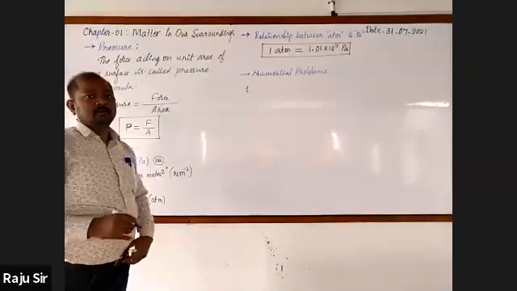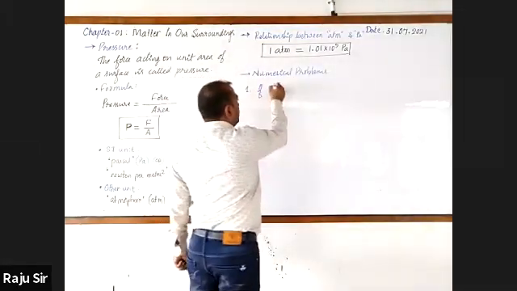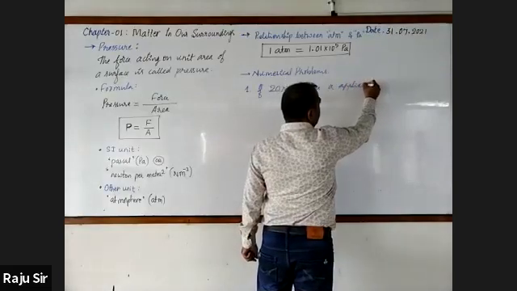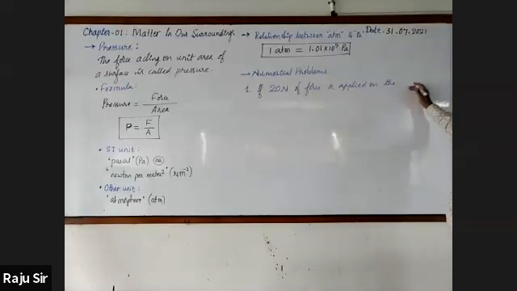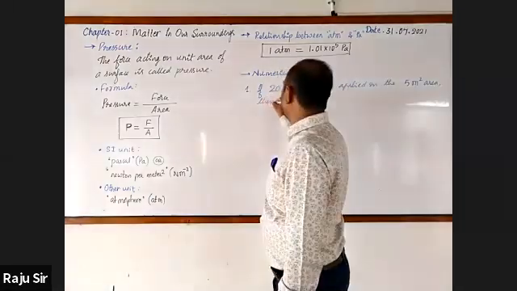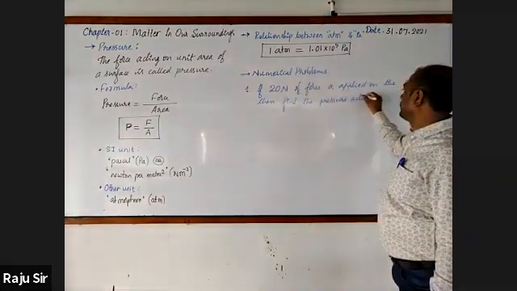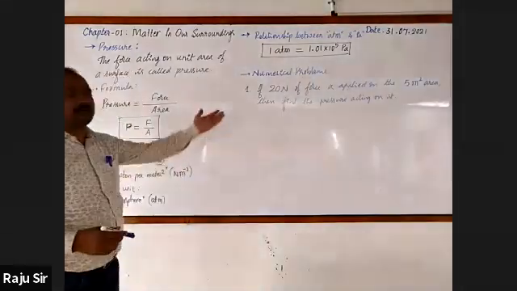In that, the first one: if 20 Newton of force is applied on 5 meter square area, then find the pressure acting on it. Answer: 4 N per meter square. Very good. Very simple one.